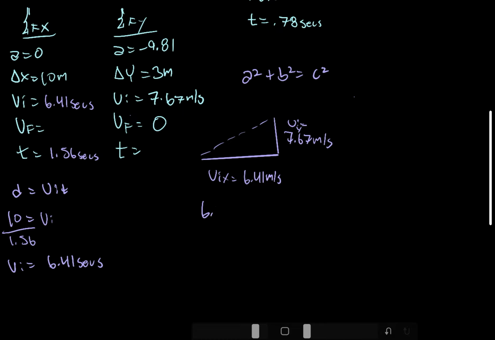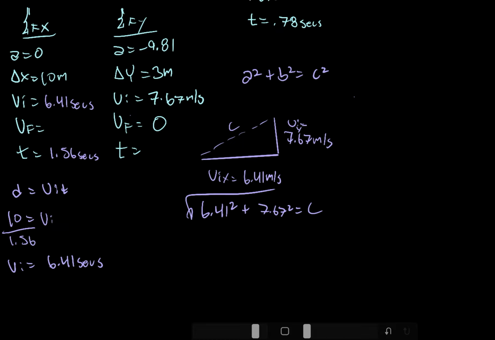So we have 6.41 squared plus 7.67 squared, square root, equal to c. I did something wrong.